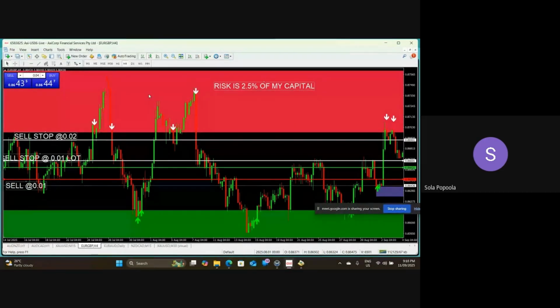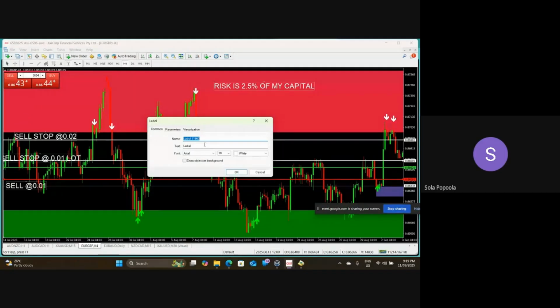My boundary is 2.5%. Now, let's do another assumption here. Let's assume my capital is $1,000. If my capital is $1,000, 2.5% will be equal to, what's that figure, guys?